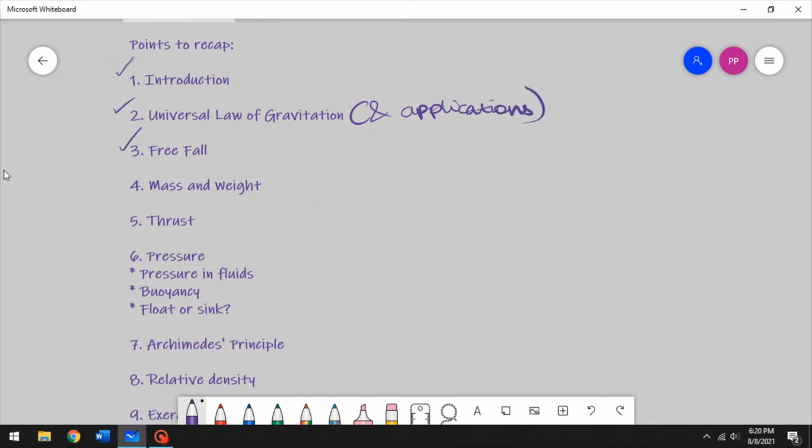We talked about free fall. Since the time we were watching animations, we have seen how objects that undergo free fall only have acceleration as they fall to the ground. We talked about mass and weight. We said mass is constant, but weight varies based on the position. We also introduced a new concept called acceleration due to gravity, which is represented by lowercase g, that is 9.8 meters per second square.